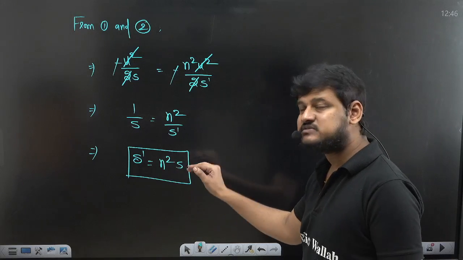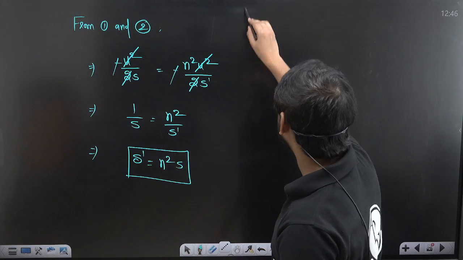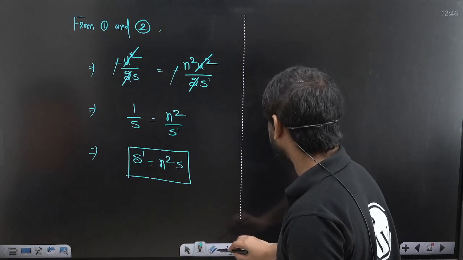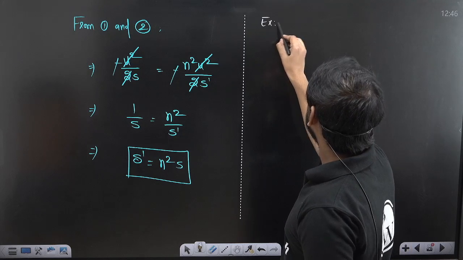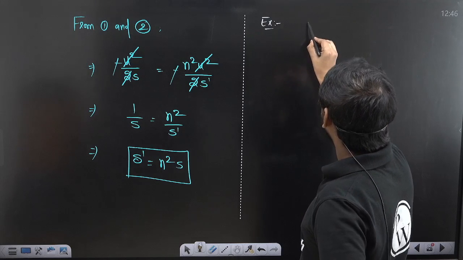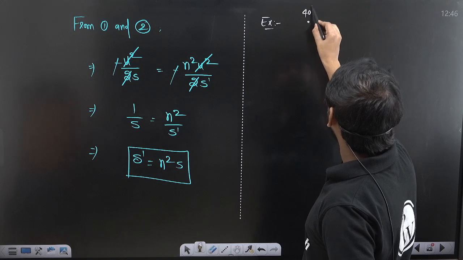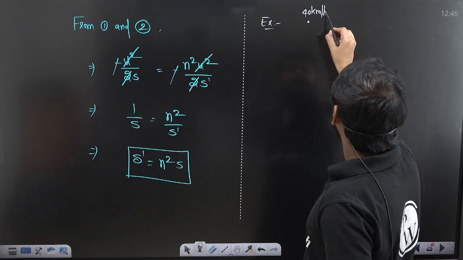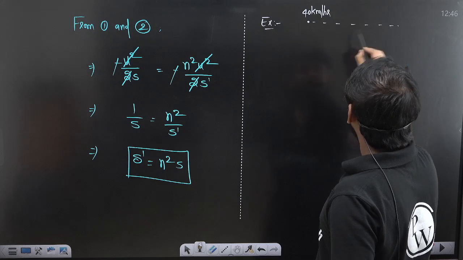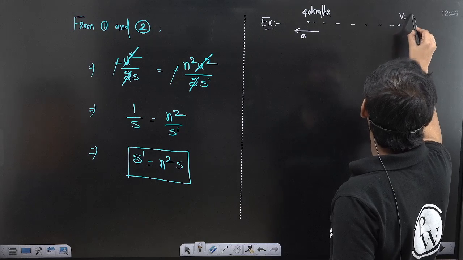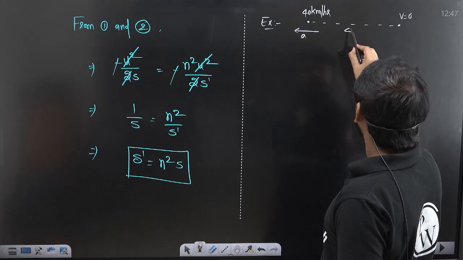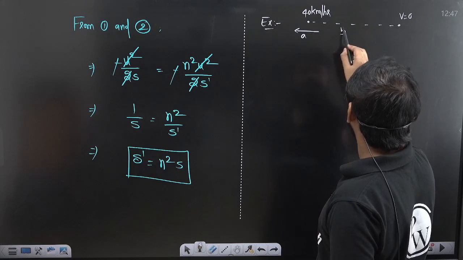n square times s. Let's understand through an example so that it will be better. Consider I am moving with some 40 km/h. Now I have applied some braking force so that the vehicle has stopped after covering some distance, let's say 50 meters.